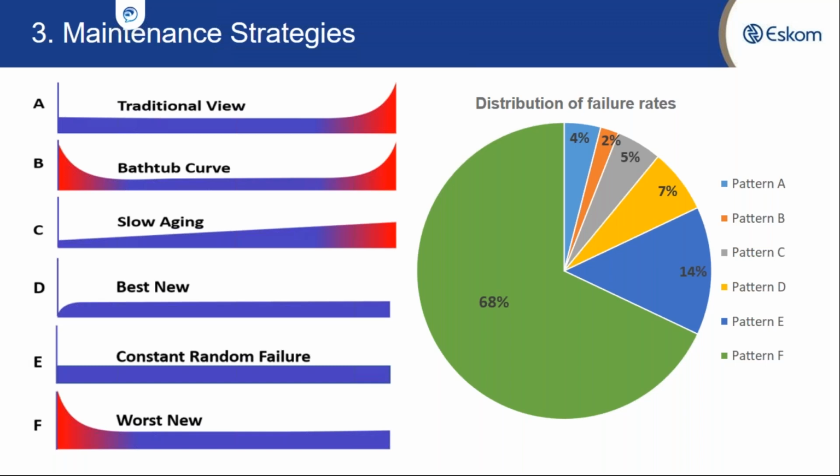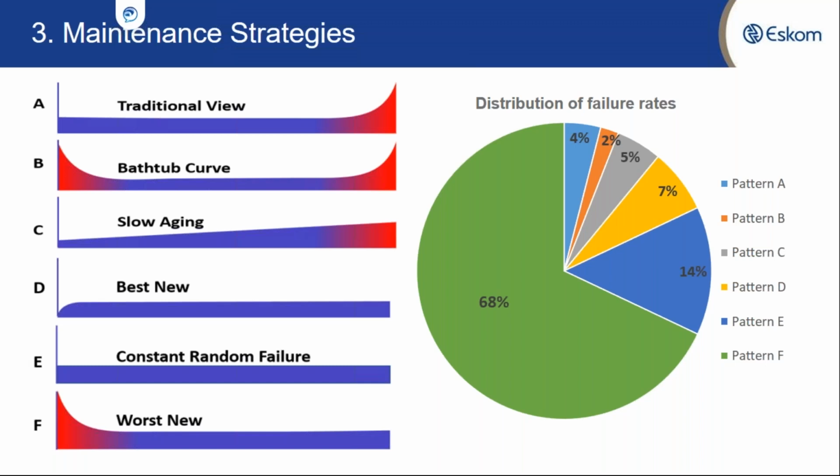So on the right are their results in percentages, and it indicates that pattern F, which is the pattern that had the traditional view of how failure occurs... I think I'm missing a slide here. Okay. All right.